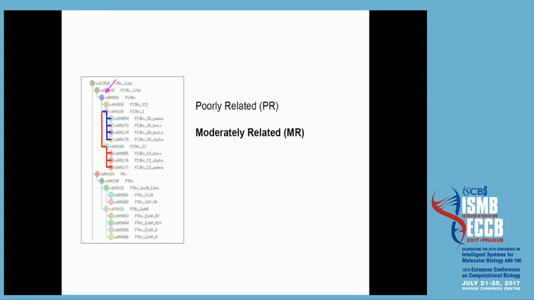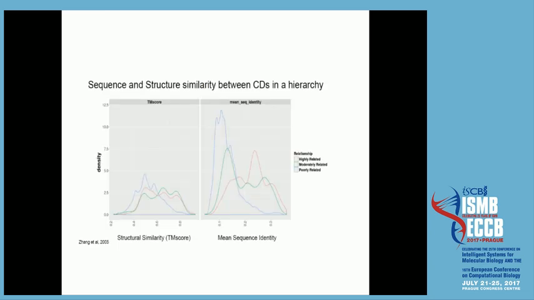Instead, if we compare two domains located in different sub-branches of the hierarchy but sharing a common ancestor apart from the root, we will say that these two conserved domains are moderately related. And lastly, if we compare two conserved domains which have the same common ancestor and are at the tips of the tree topology, we will say that these two domains are highly related.